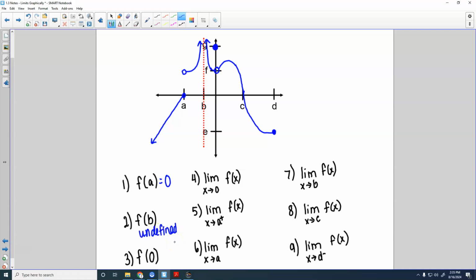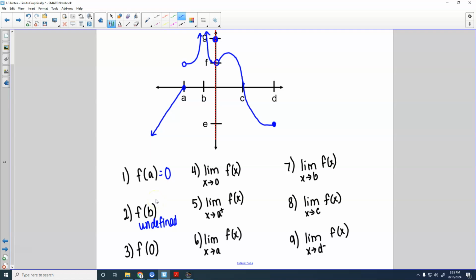If we were talking about a limit, we could probably use infinity there. All right, then we have f of 0. Lexi, what would f of 0 be? G. Very good. That's our y-coordinate at that point.